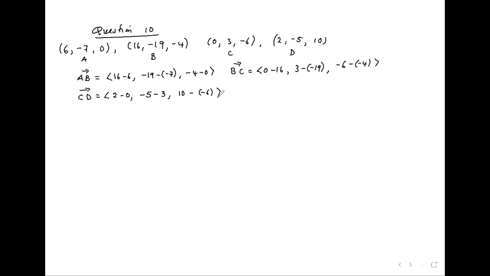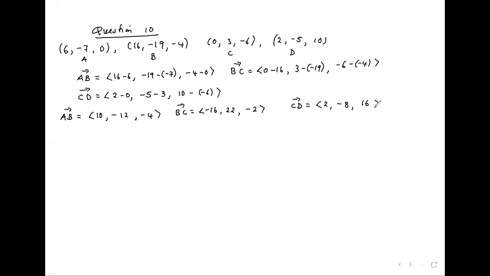If we simplify them, vector AB is equal to 10, negative 12, negative 4. Vector BC is equal to negative 16, 22, and negative 2. Vector CD is equal to 2, negative 8, positive 16.